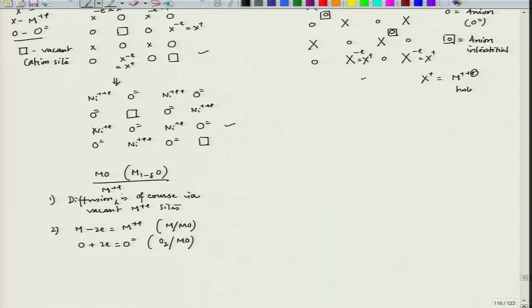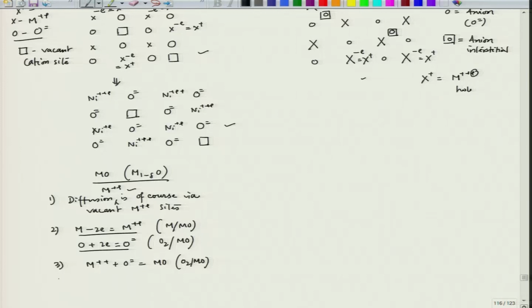Now, this is the cathodic reaction, this is the anodic reaction. Now we have to see which species would migrate. Since we have seen that the metal cation would migrate from the inner surface to the outer surface, that means from the metal metal oxide interface to the oxygen metal oxide interface, the combination reaction would happen on the oxygen metal oxide interface. Now you have to see how the charge would move.